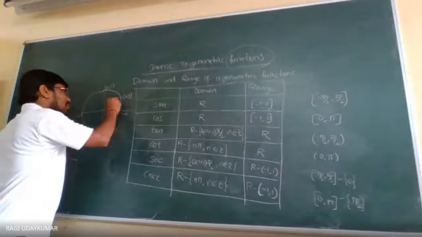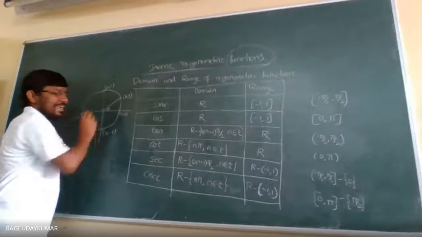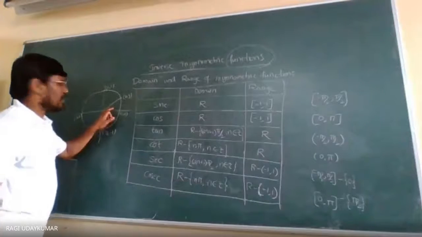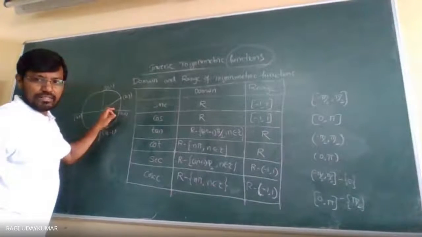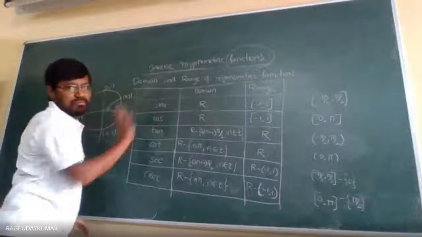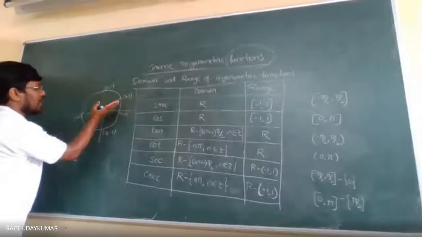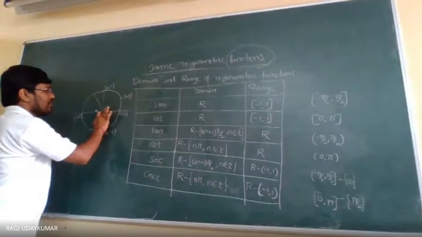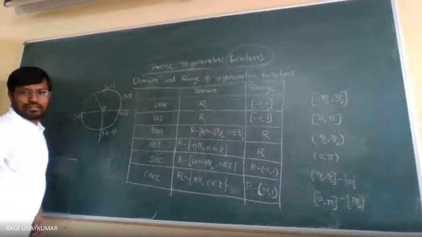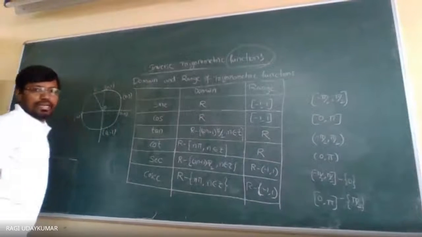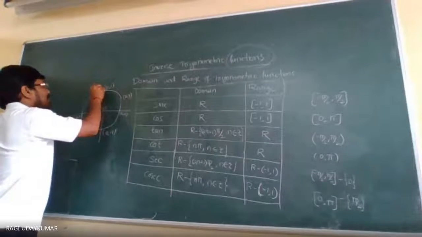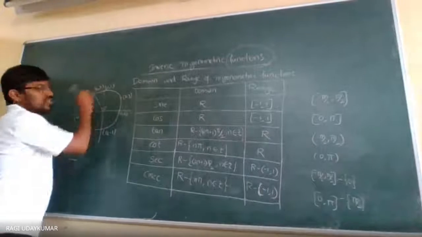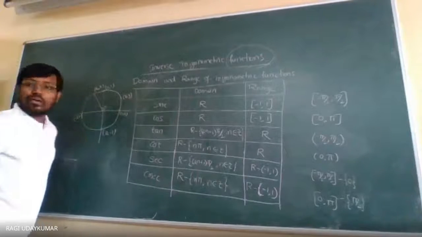Suppose it is making an angle of theta radians, and radians can be any real number. Suppose this angle from here to here is theta, and the point is (x1, y1). So sine theta equals y1.